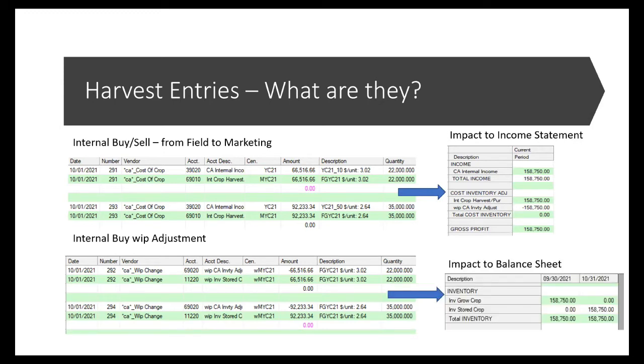At harvest time, the net effect is that it moves those growing crop dollars from the investment growing crop ledger into the investment stored crop ledger. There's a series of journal entries that make that transition from growing crop to stored crop, and the harvest process triggers that.